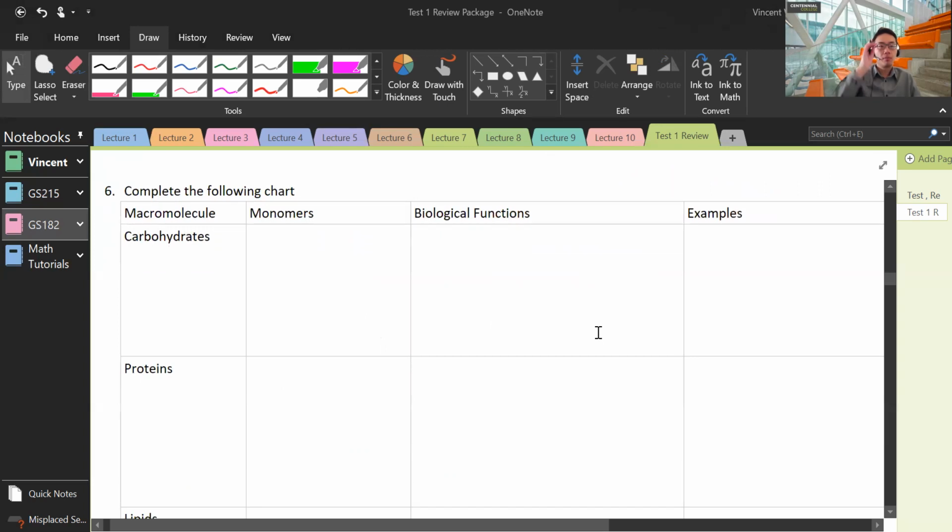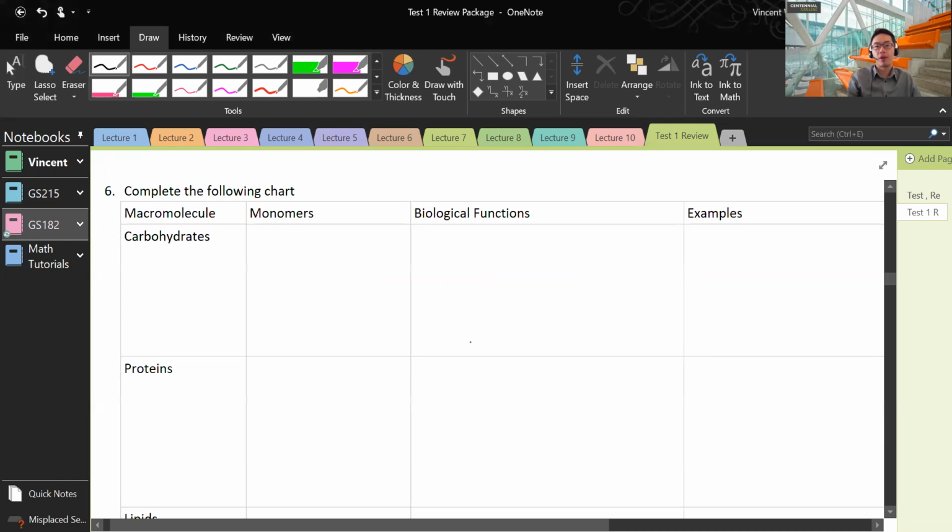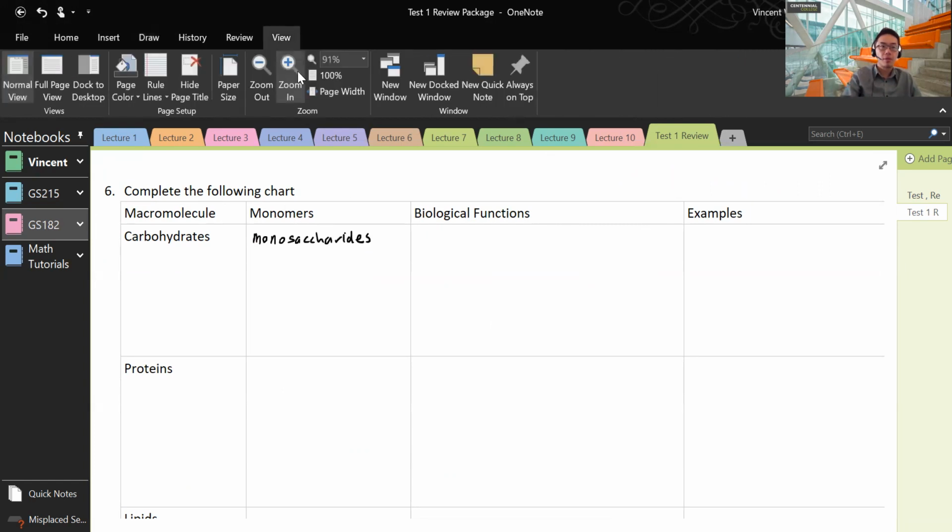Complete the following chart. This is a good chart to have, like with you, as just a quick reference, and you definitely should make your own and add as much detail as you need to. But let's just keep it simple here. Carbohydrates, the monomer for carbohydrates are basically monosaccharides, right? Monosaccharides. Let me zoom in a little bit.